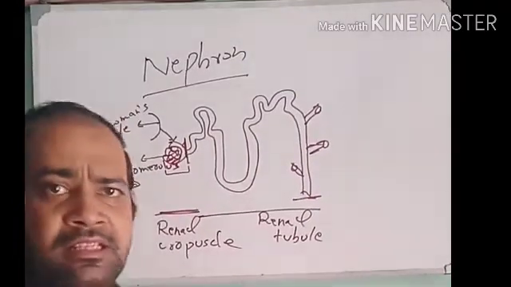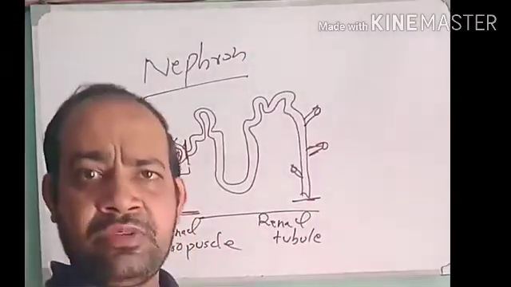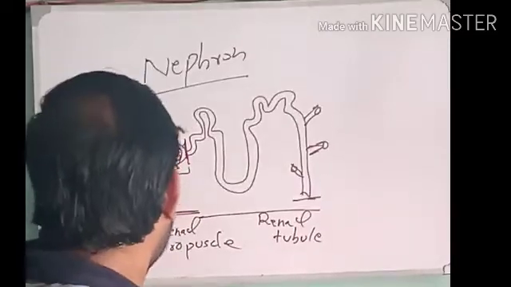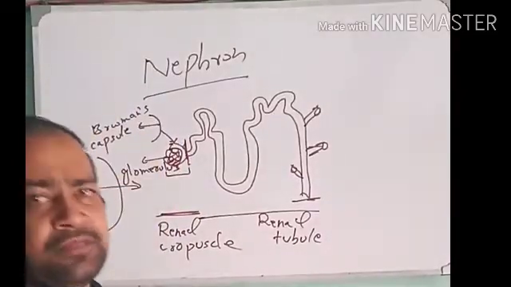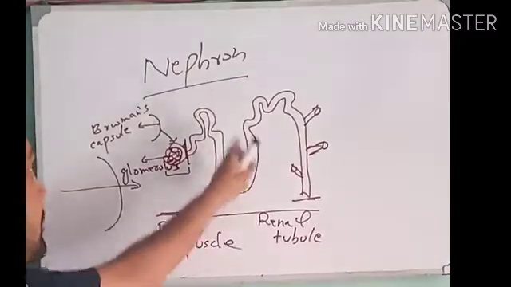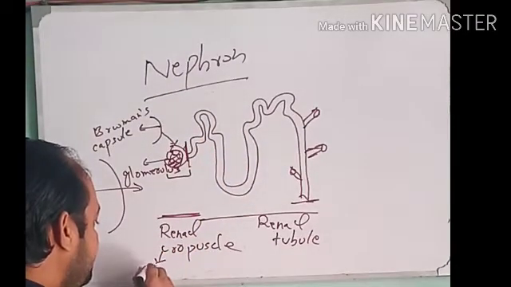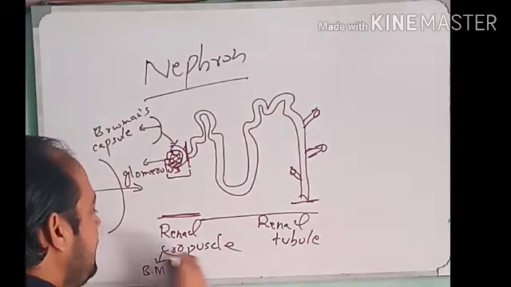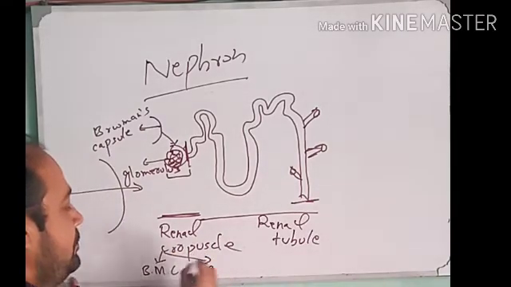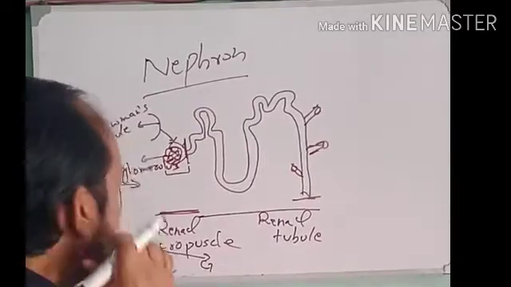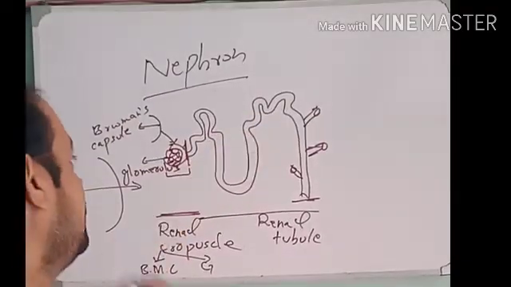Glomerulus is a network of capillaries surrounding the renal capsule or Bowman capsule. So in the first part of the nephron there are two structures, Bowman's capsule and glomerulus.